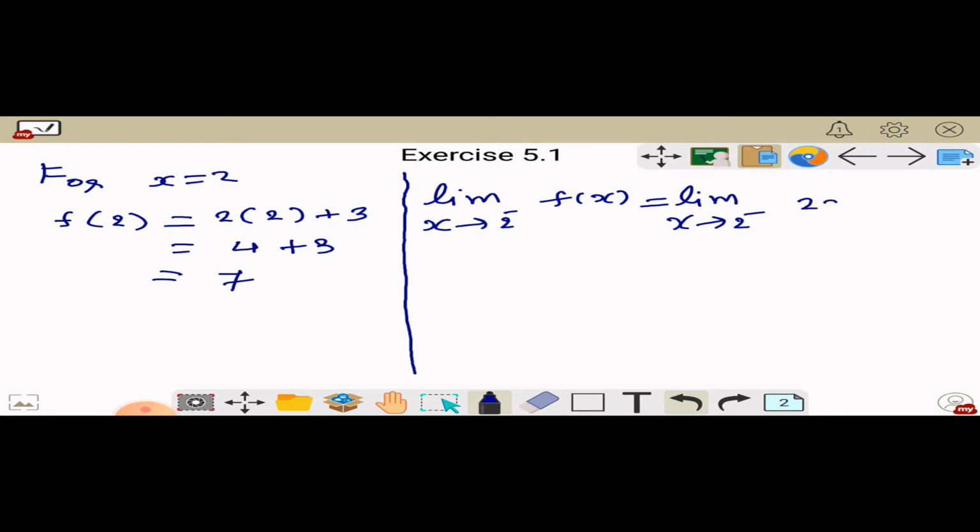So let me write 2x plus 3, which is equal to 2 in the bracket 2 plus 3, which is equal to 4 plus 3, which is equal to 7. Now let us find the right limit.